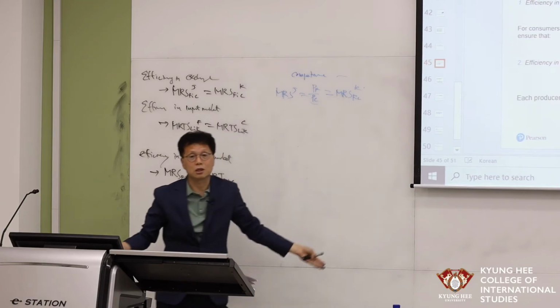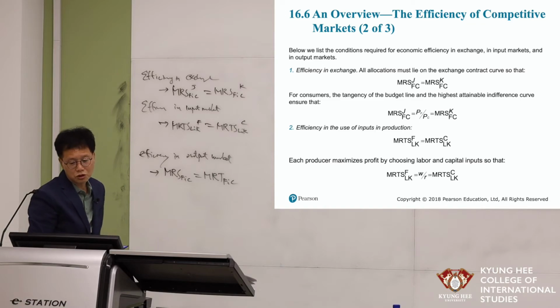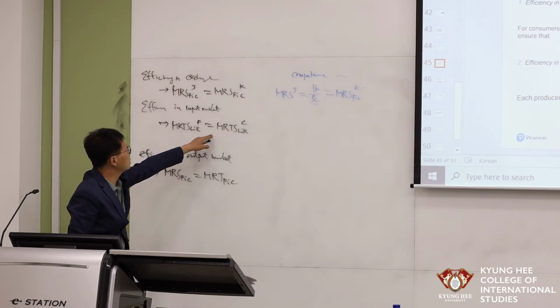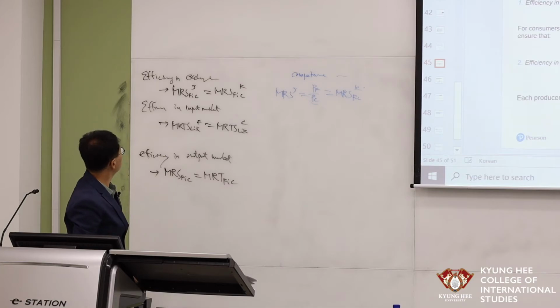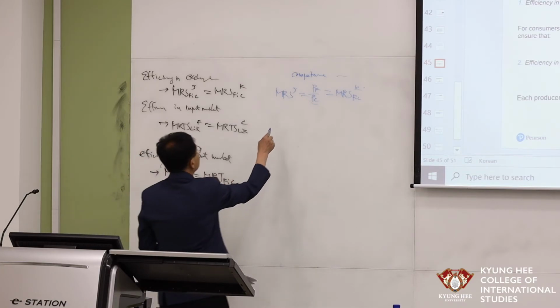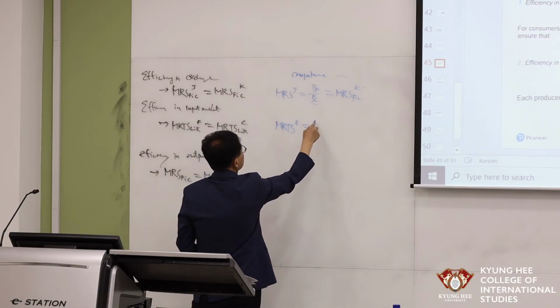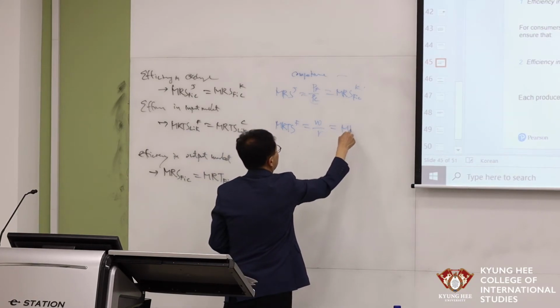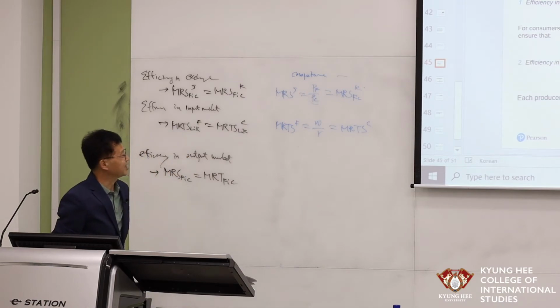And efficiency in the use of input in production is MRTS of food production is equal to MRTS of clothing production, right? And competitive efficiency in input market is MRTS of food production is equal to W over R is equal to MRTS for clothing, labor and capital in clothing industry.